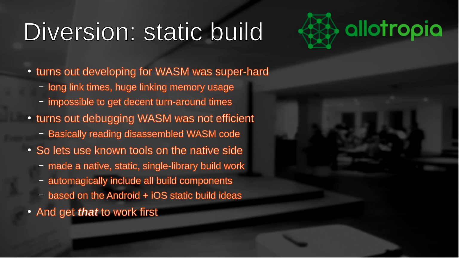So now LibreOffice, pretty much as a bonus, got a way to build all of LibreOffice into one static library. Because that way we could use the native Linux tools like the debugger and the linker that actually works and terminates.